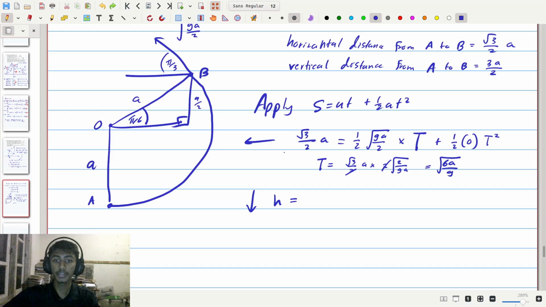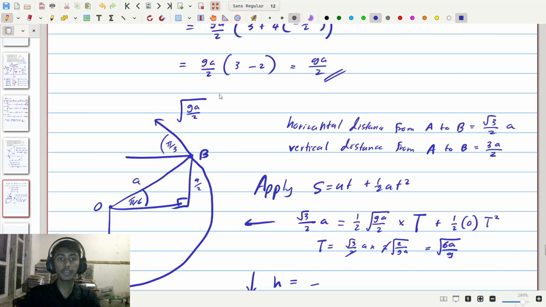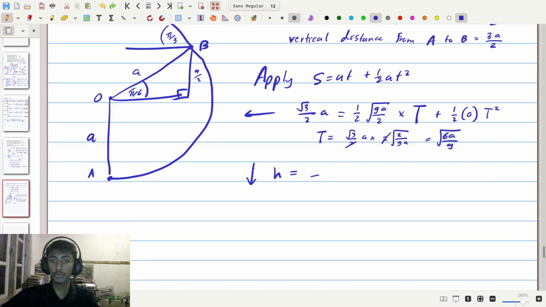We're going to have negative, and u is going to be root GA over 2 times the sine of pi by 3, which is root GA over 2 times root 3 over 2 times the same time, which is t. We'll leave it for now and substitute on the next line. And then plus half at squared, which is going to be plus half g t squared.